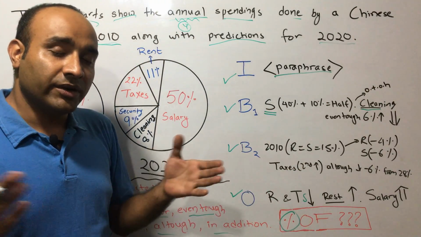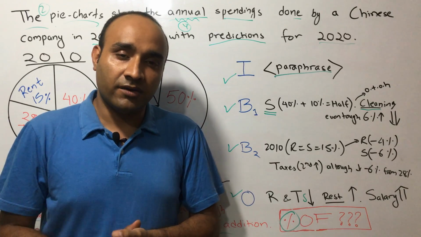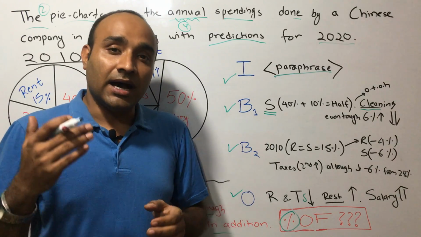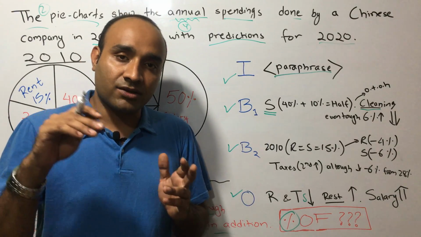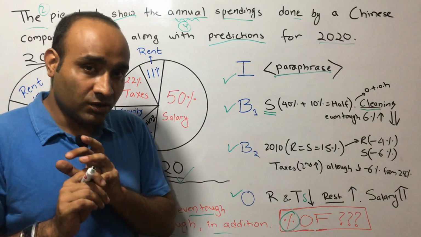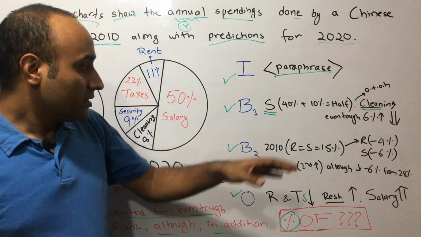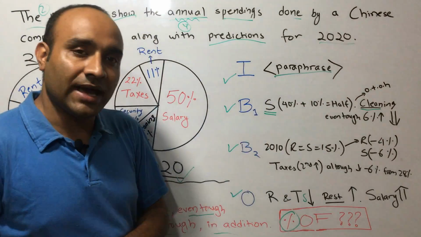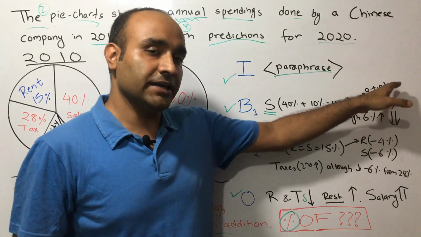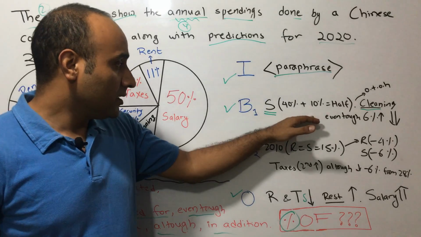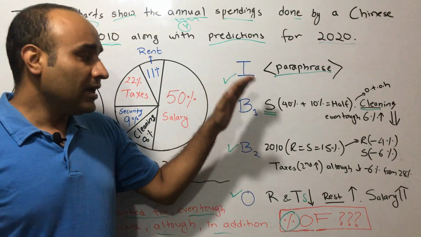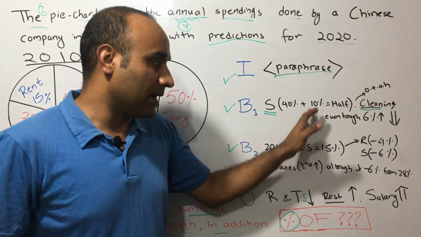Remember, when I talked about the marking criteria of IELTS in my other video, I did mention coherence and cohesion. To get good marks there, you will need some connectives in the right places. So this is a beautiful place for me to add the connective on the other hand, because one, I'm talking about the highest, and on the other hand, I'm going to talk about the lowest.